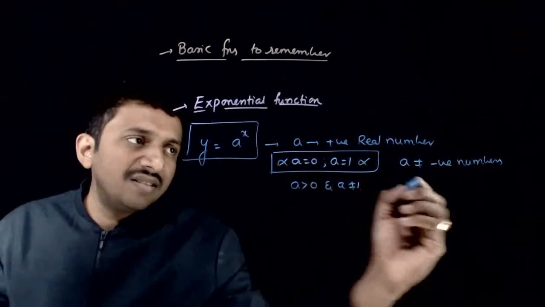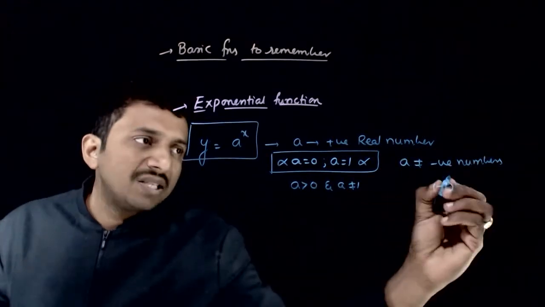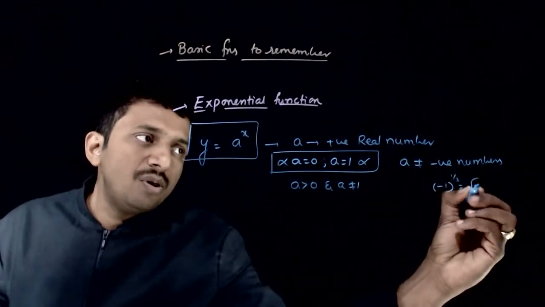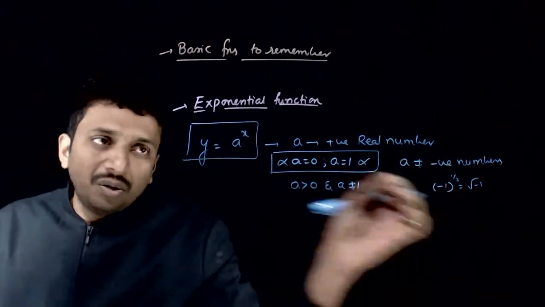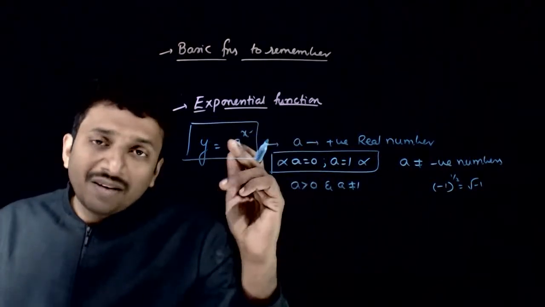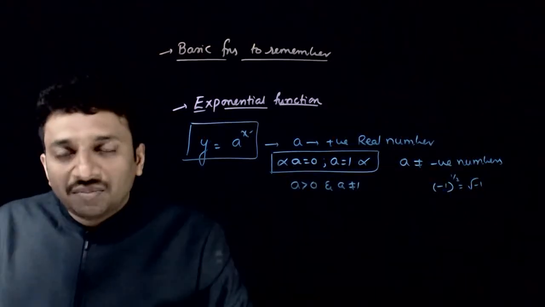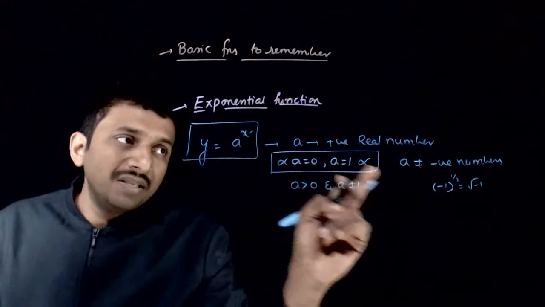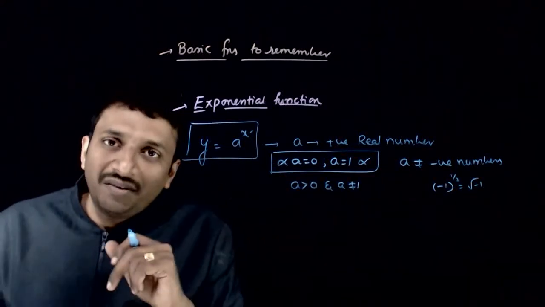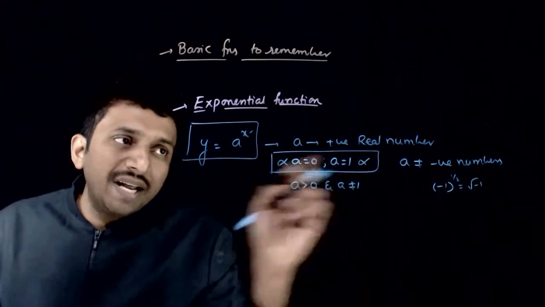For example, if a is equal to minus 1, then minus 1 power half becomes root of minus 1, which is not a real number. So for many values of x, the answers will not be real numbers. So this will not be nicely defined in all real numbers if the base is a negative number. So we don't take negative bases.